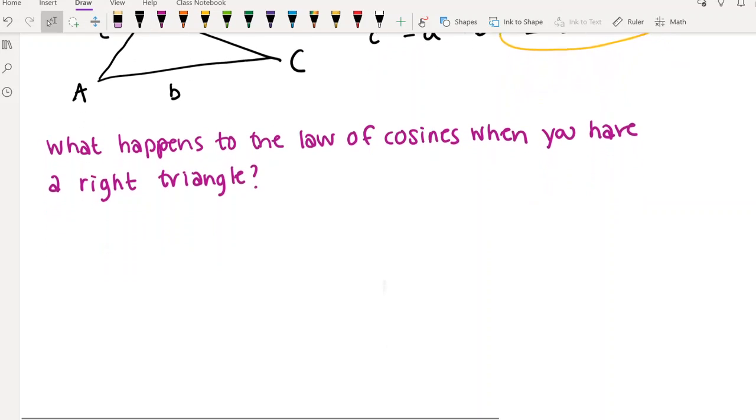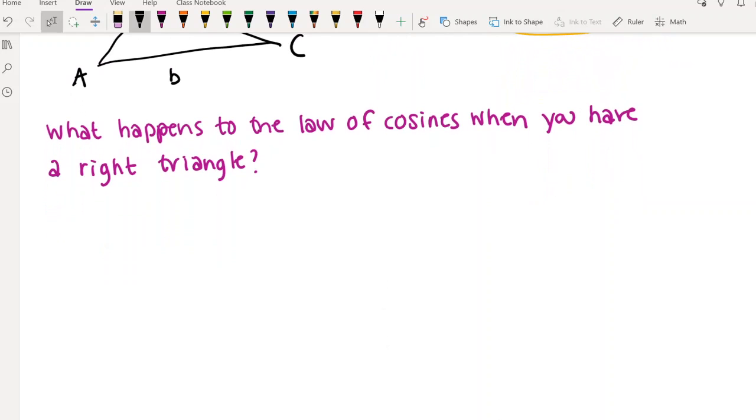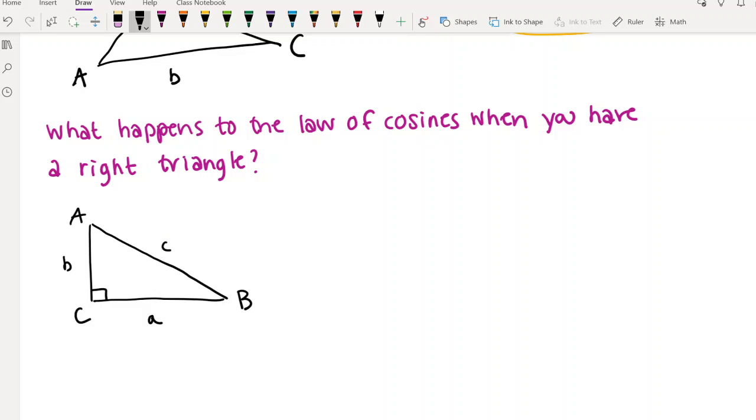I'm going to draw our right triangle so that the right angle will be angle C, just as that's kind of what we're used to with the Pythagorean theorem. So let's say we have angle C, and then these are just A and B. We don't really know what those ones are. And then we have our sides.